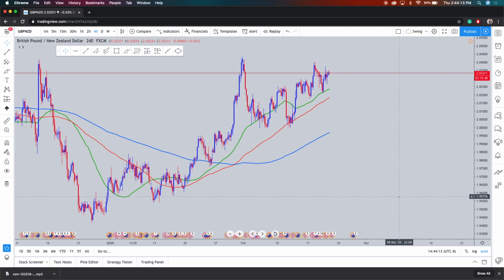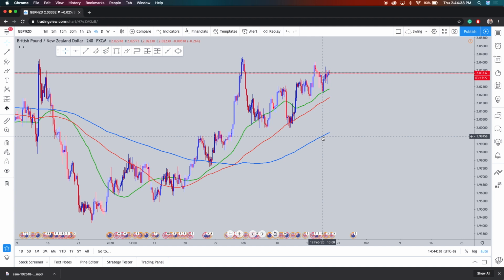It was expected. However, their tone was a little more wait and see, which gave less of a dovish bias, but not necessarily hawkish. Anyways, besides that, not really much influencing the New Zealand dollar besides the coronavirus fears.